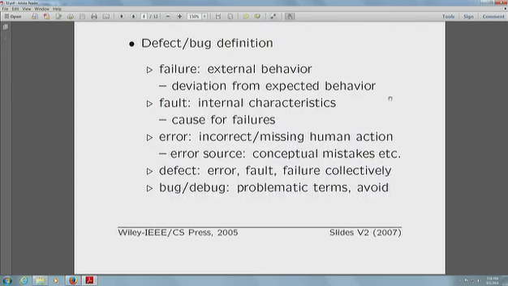There are also times when people use the terms bug and debug. We try not to use them as much, because when people say bug, that means defect in a general sense. But some people try to steer us away from that, because when you say bug, as programmers, testers, and developers, you are evading your responsibility.